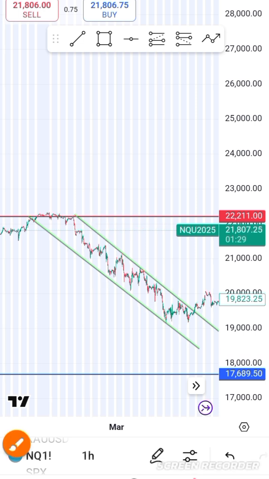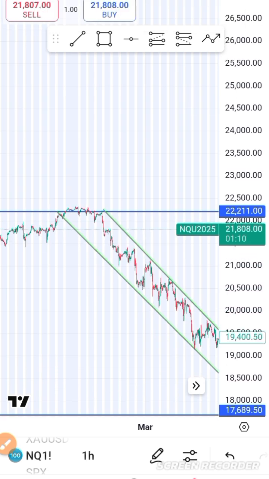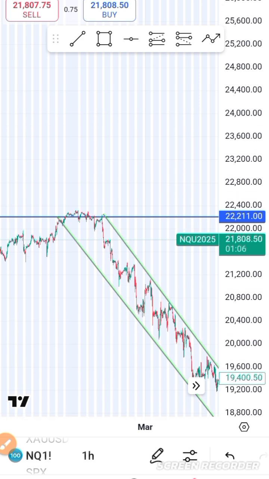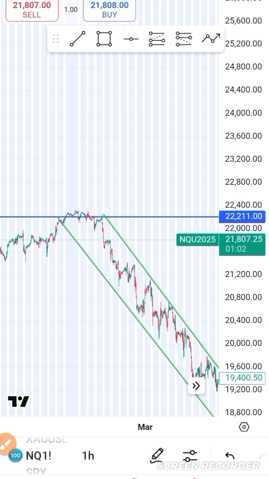The thing is, I am focusing on a downtrend. So whenever the market reverses somewhere around there, that can be my resistance. So I can just change this line to blue. Someone will ask, why did you change that line to blue? I know it may be confusing, but if you pay attention you will understand this.